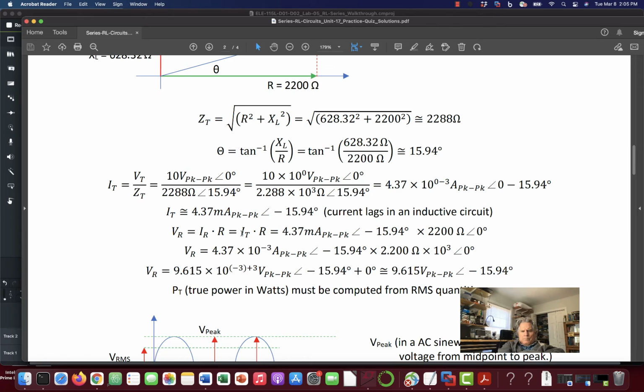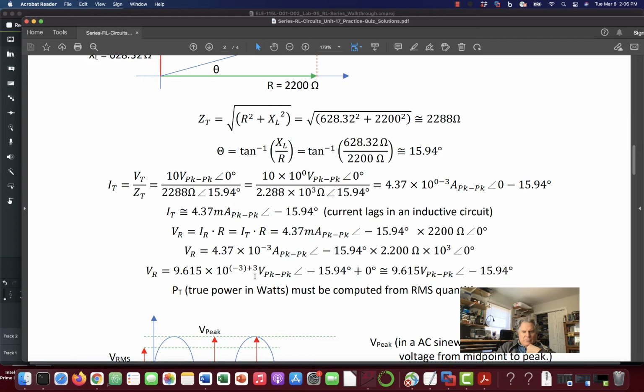So we take our 4.37 times 10 to the minus 3 amps peak to peak, that's 4.37 milliamps peak to peak, at minus 15.94 degrees times 2.2 k ohms, that's the 10 to the 3, at 0 degrees, and VR turns out to be 9.615 times 10 to the minus third times 10 to the plus third.